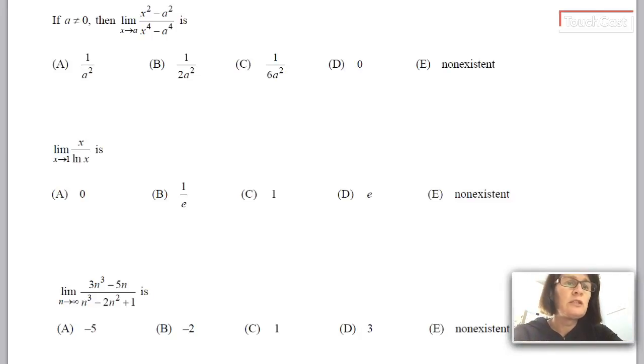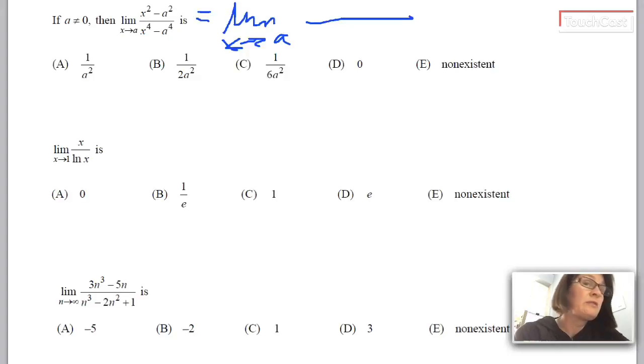So L'Hopital's rule tells me that this is equivalent to the limit as x approaches a of the derivative of the numerator over the derivative of the denominator. So 2x. A is a constant, so the derivative of negative a squared is 0. X to the 4th, its derivative is 4x cubed.